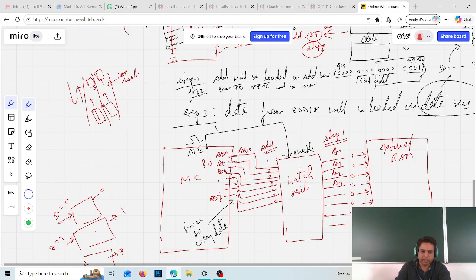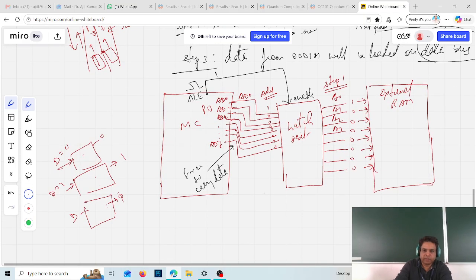And once these buses are now free to carry the data, what is happening here? These buses, that I'm now going to show as D0, the same D0 bus will be connected with D0 pins of your RAM.